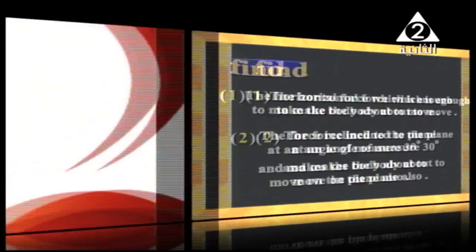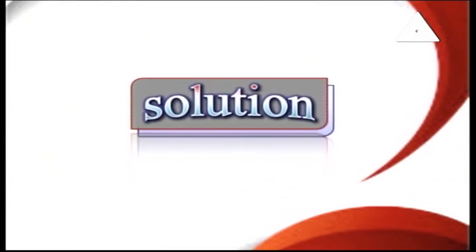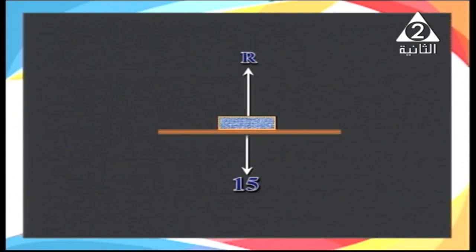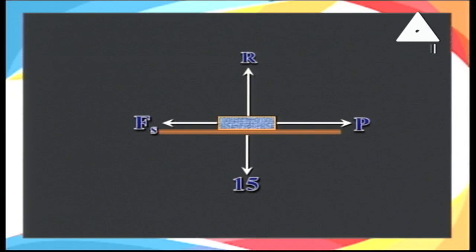Look at the solution. My dear student, look at the body on a rough plane. It has weight 15 kilogram weight and normal reaction R. The force B acts on the body on the rough plane, then we have Fs.